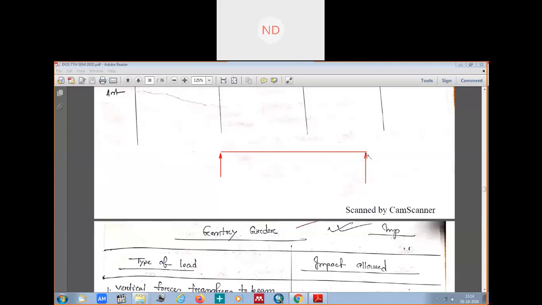These are your reactions of the gantry girder, RA and RB. This entire thing here is your span of the gantry girder. Suppose this is the center of the gantry girder. This is your L by 2. Here again, this is your L by 2.